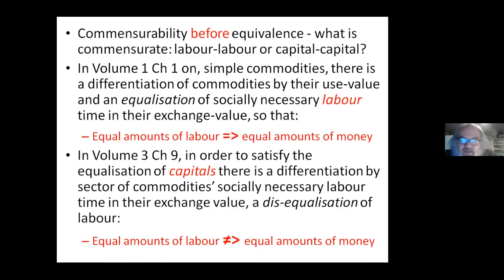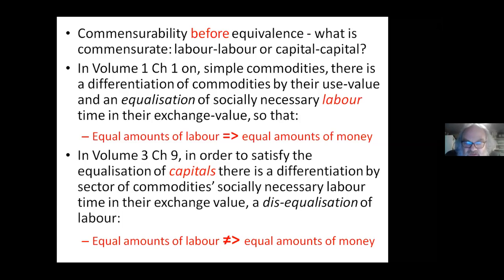Now, when we come to the transformation, we're not only talking about commodities that are products of labor, but commodities that are products of capital. In order to satisfy this slightly idealized idea of equalization of capitals by having a common rate of profit, there is a differentiation by sector, not of the commodities' use values, but of their socially necessary labor time, which I'm going to try to explain means that there's a disequalization of labor.